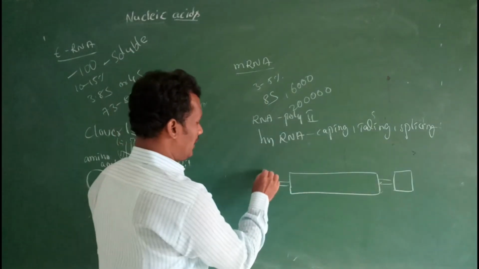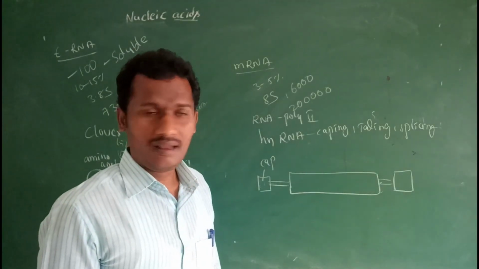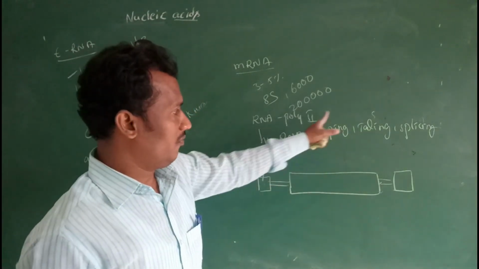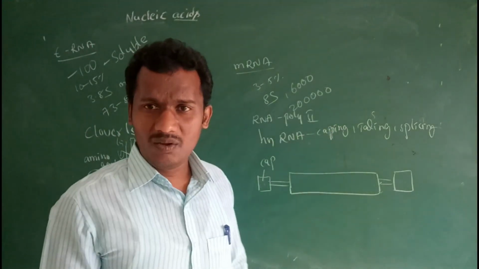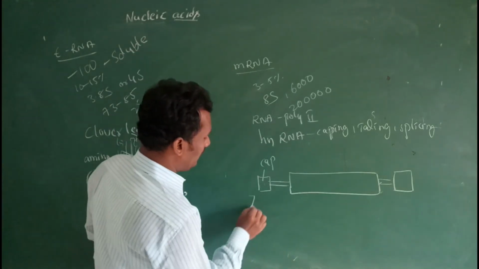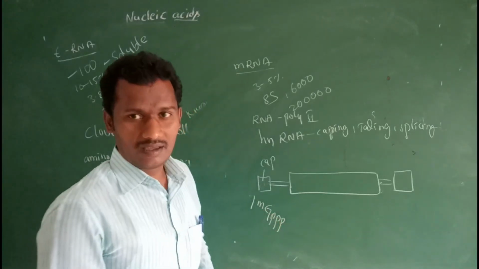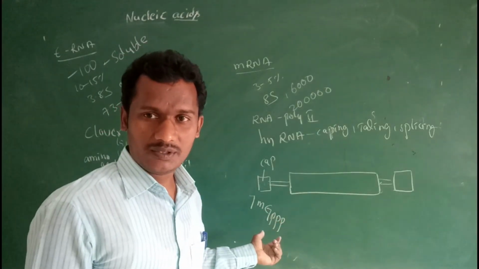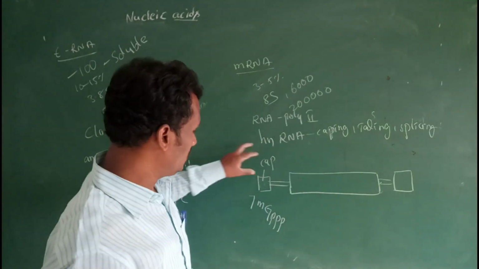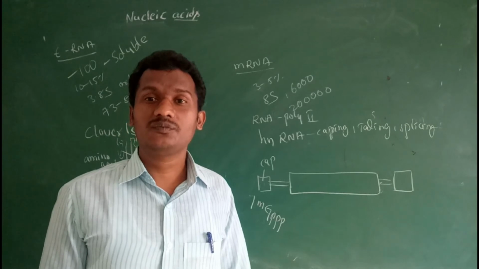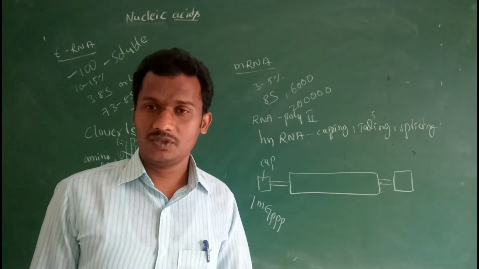Mature mRNA contains a cap. While capping, one cap is added, which contains 7-methyl guanosine triphosphate. This cap is useful for the binding of ribosomes.